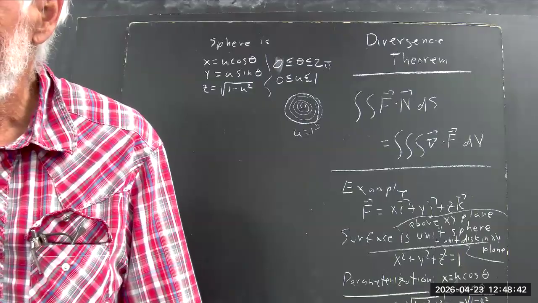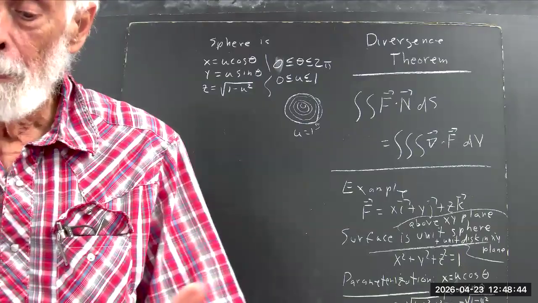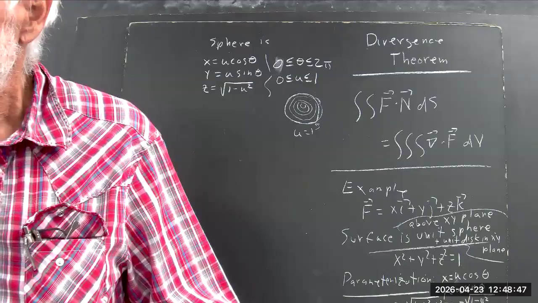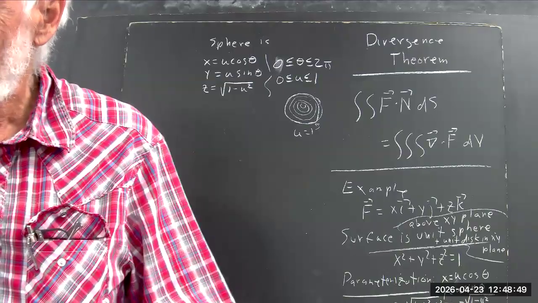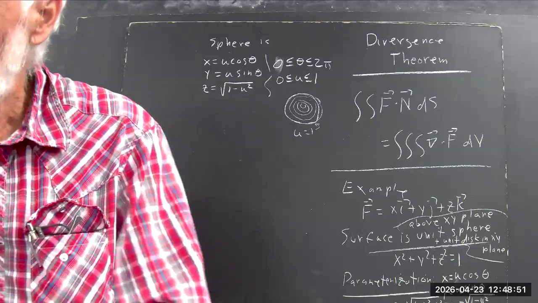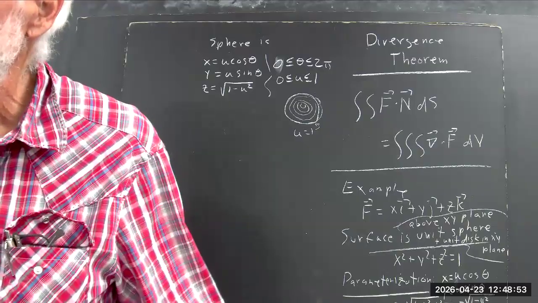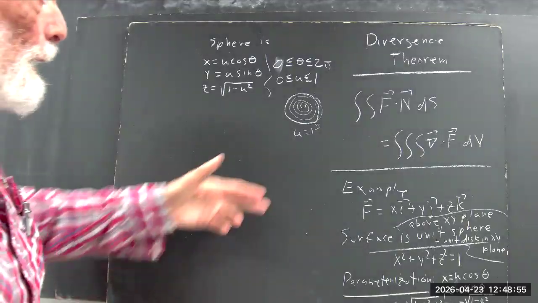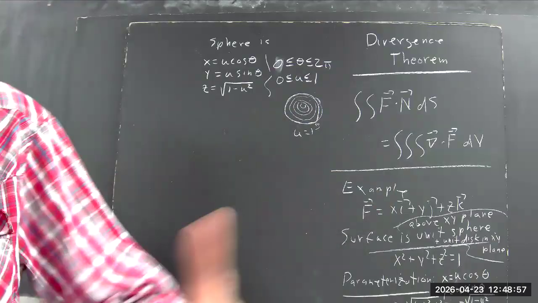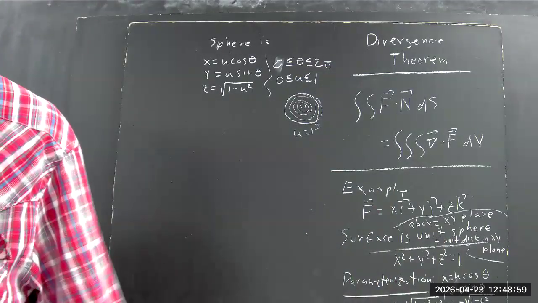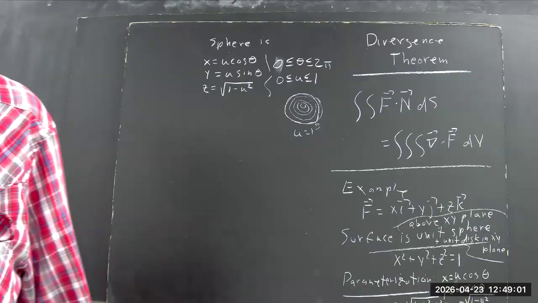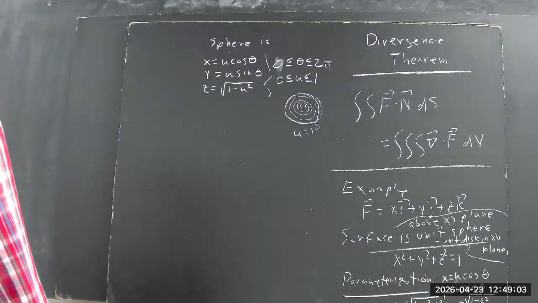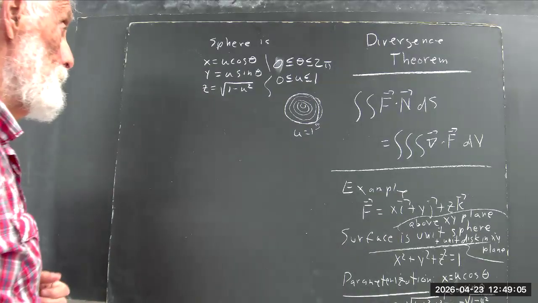Makes sense? Cut a basketball in half and it's open. Glue a piece of cardboard over it and it's closed. And you can apply the divergence theorem to any vector function inside and on the surface.